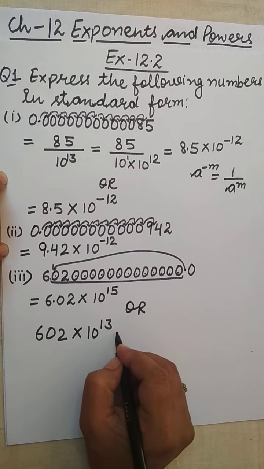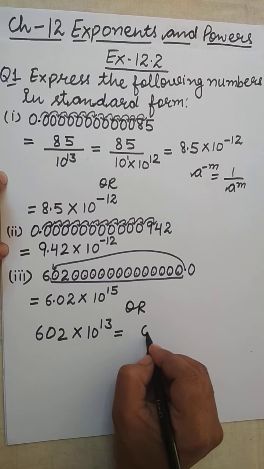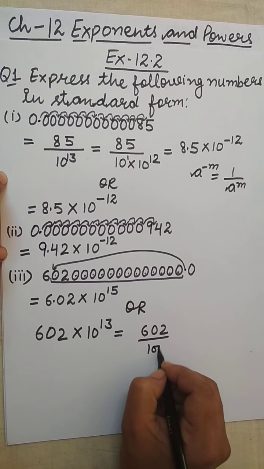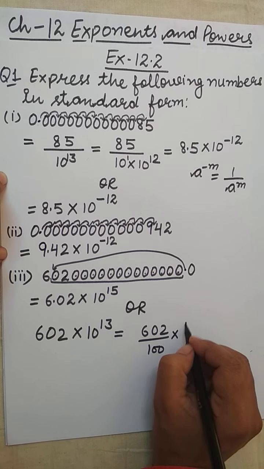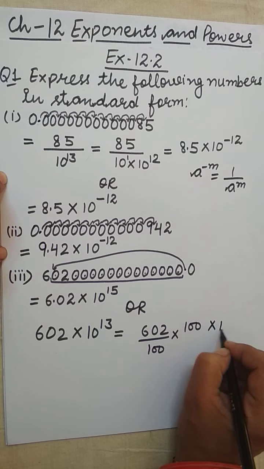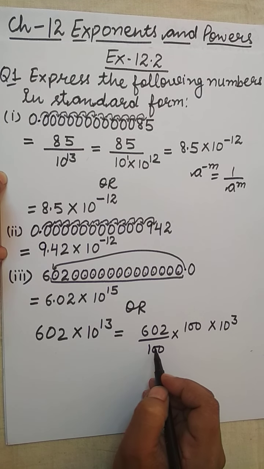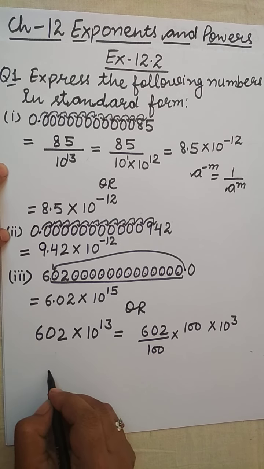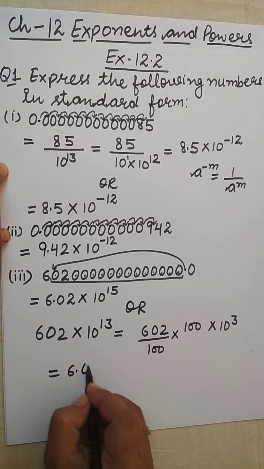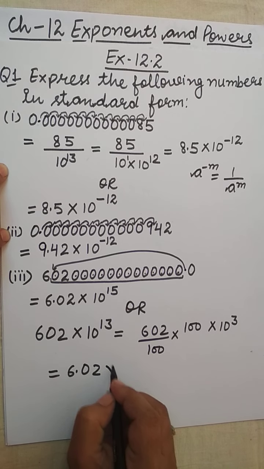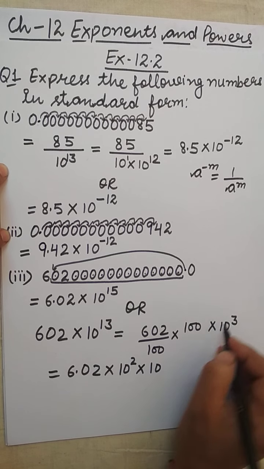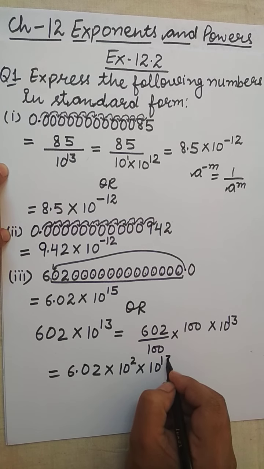which can be further written as 602 divided by 100 multiplied by 100 multiplied by 10 raised to power 13. This 100 is used for putting the decimal here, so it can be written as 6.02, and the other 100 can be written as 10 raised to power 2 multiplied by 10 raised to power 13.